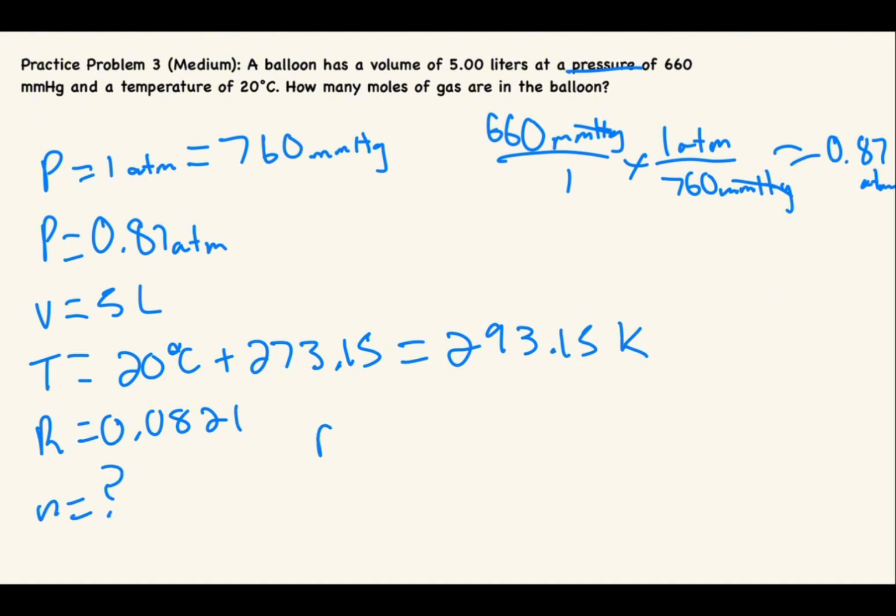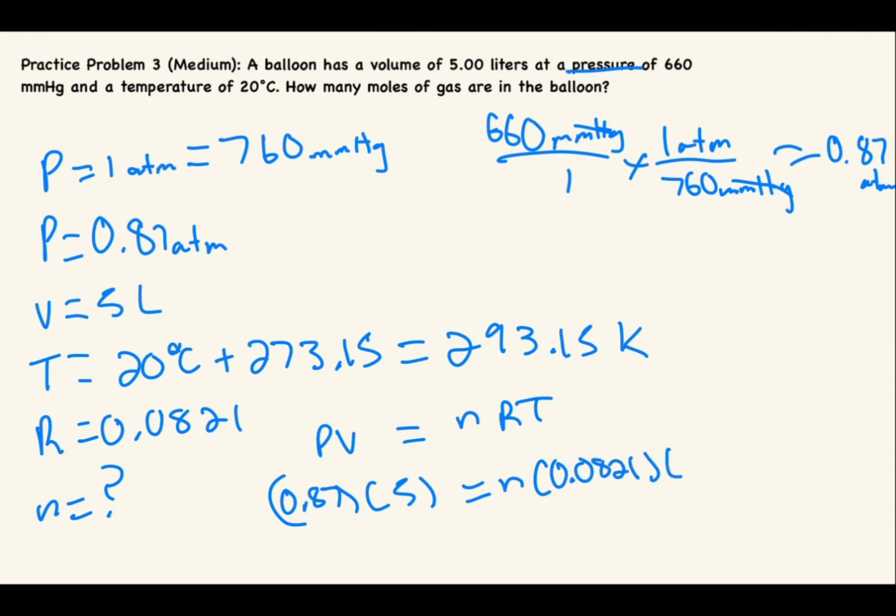So using the equation PV equals nRT, we will get 0.87 multiplied by 5 liters equals N multiplied by 0.0821, and then also multiplied by 293.15 Kelvin. And then from here, we can just plug and chug.